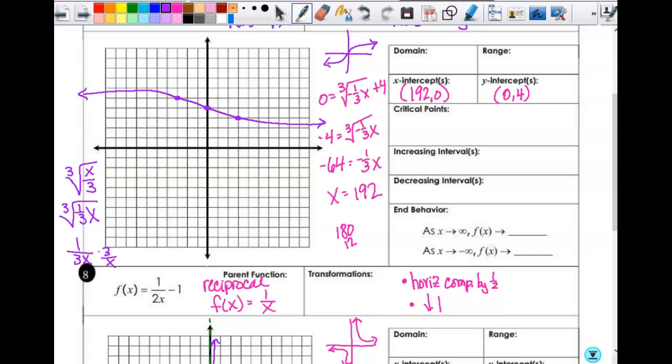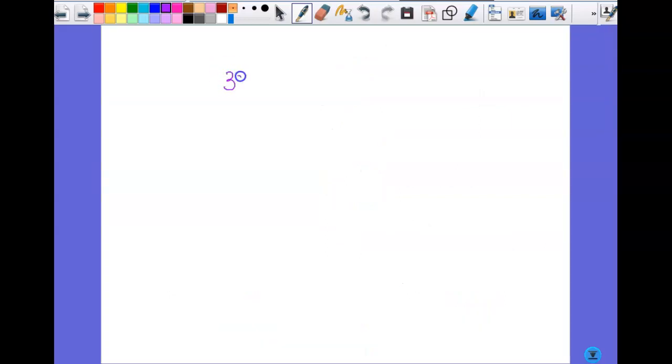It has to be, because sometimes it's not actually touching the x, or sometimes it is and it doesn't count. So let's say if I have this, technically that's touching x, but that is not a horizontal stretch or compression. That's a vertical one because it happens after you square it. If I have this, that happens before I square it.